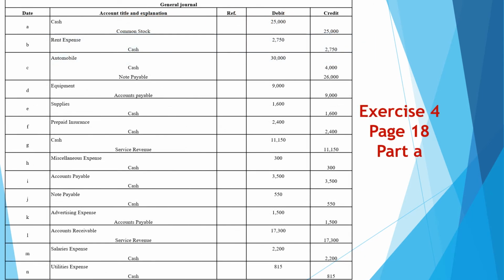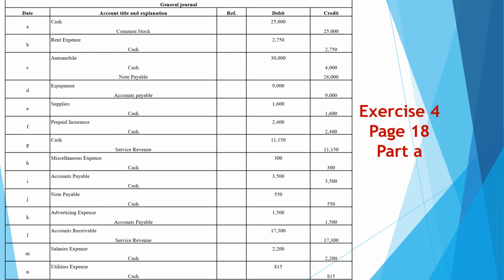Now let's prepare the exercise on page 18 of your book. We have a list of transactions and we have to journalize these transactions, then prepare the ledger and then prepare a trial balance. Let's start with transaction A. Issued capital stock to Lynn Cantwell in exchange for $25,000.